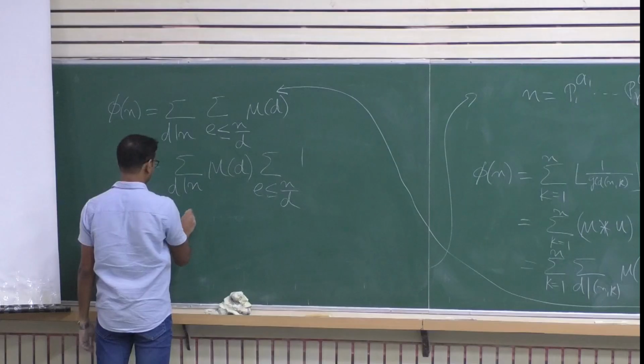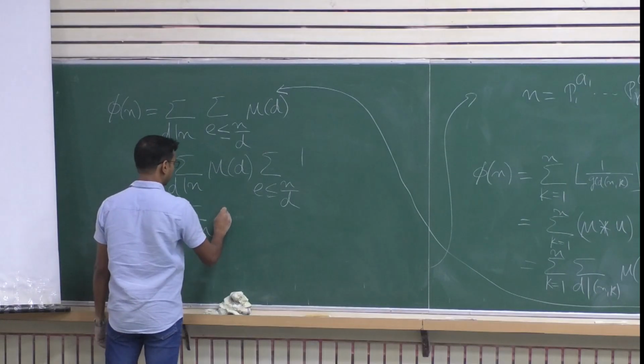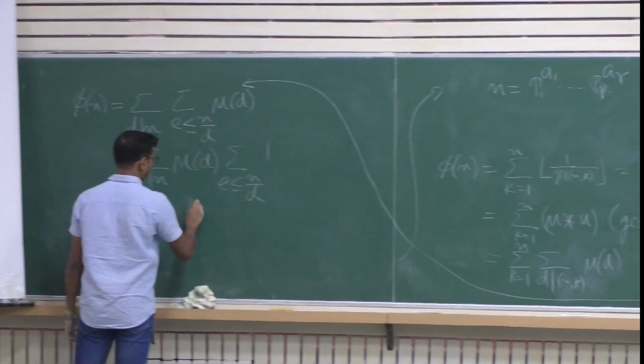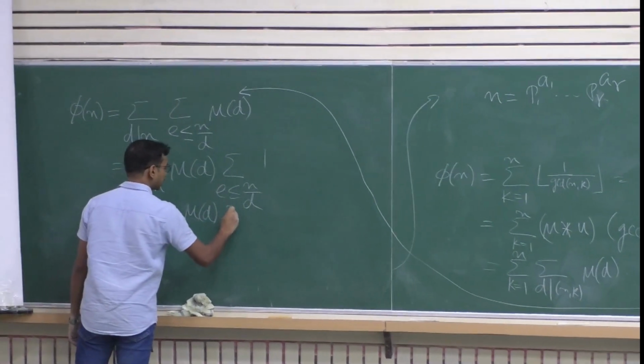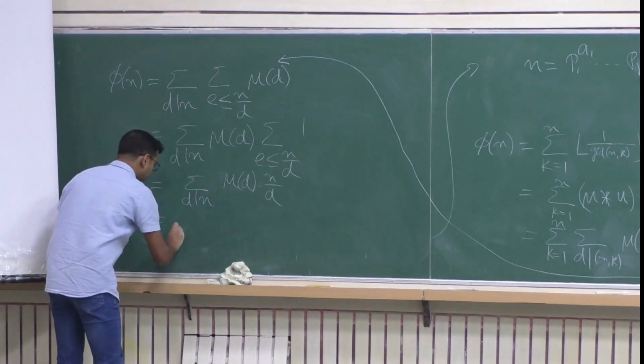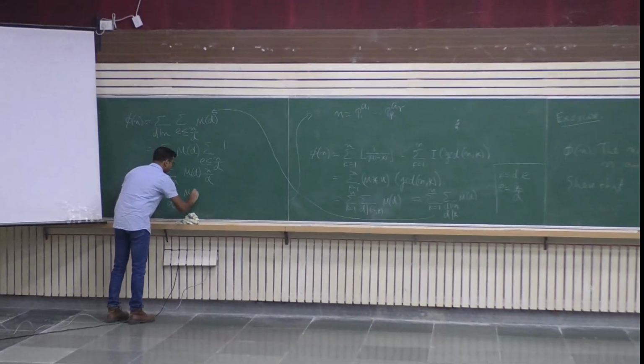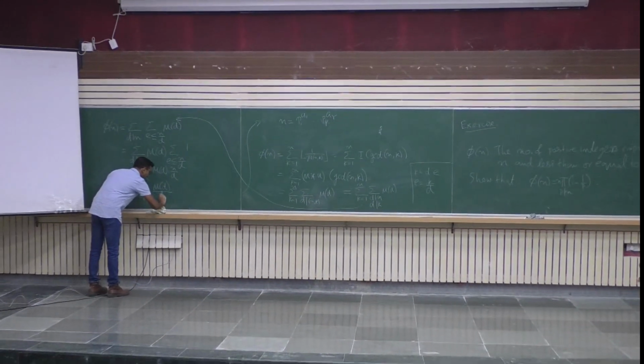So you have summation d dividing n of mu d times n by d, and then you can take the n out. So you have n times the summation over d dividing n of mu d by d.